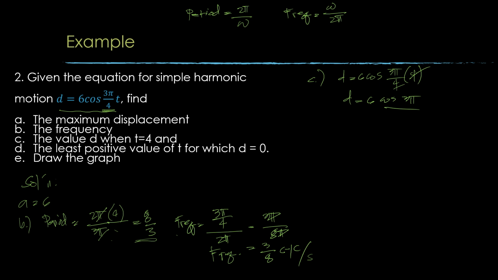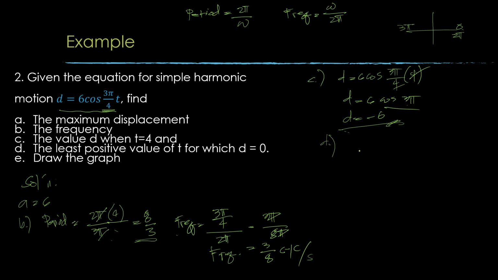Zero, pi, 2 pi, 3 pi. So the cosine of 3 pi is negative 1, times 6, so negative 6.